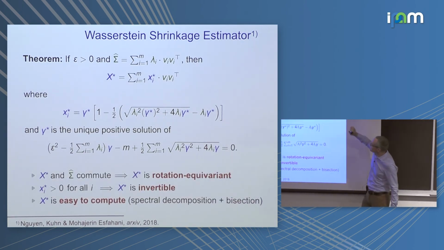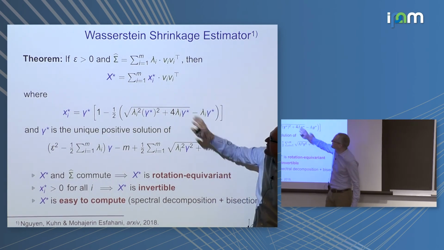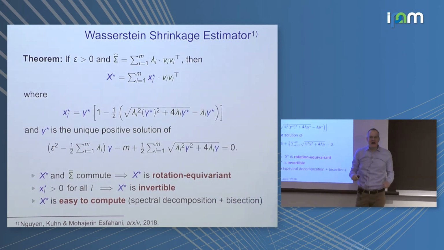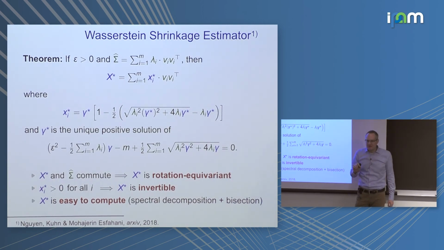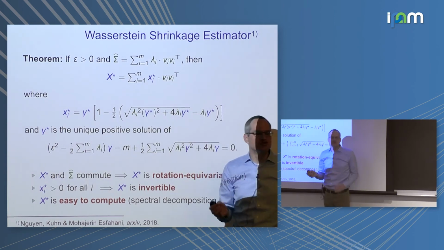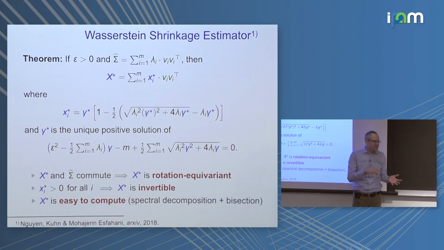Since both the sample covariance matrix and our estimator share the same eigenvectors, it means that they commute. This implies that our estimator is rotation equivariant. That means that the estimator applied to the rotated data is equivalent to the rotated estimator of the original data.